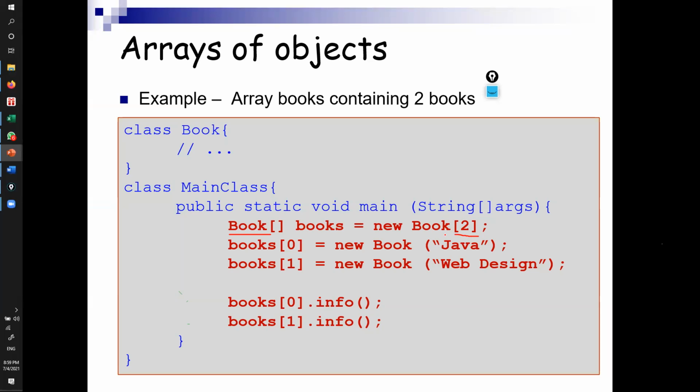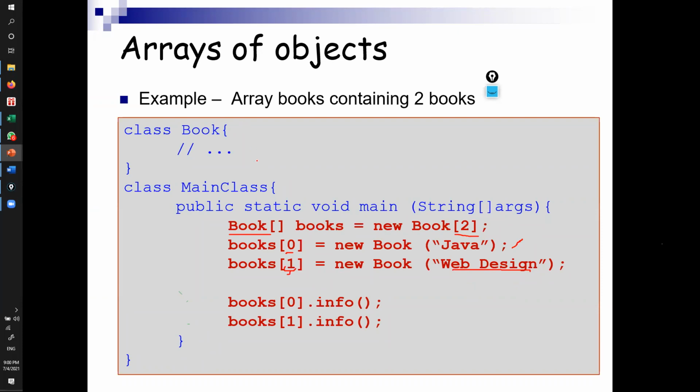If you try to mimic this with the previous example, you can create two students at the same time. Now you can see some will be with 0, others with 1. With 0, this is the first instance, the first book, which is Java. With index 1, that means the second book, and you pass the value, which is web design.